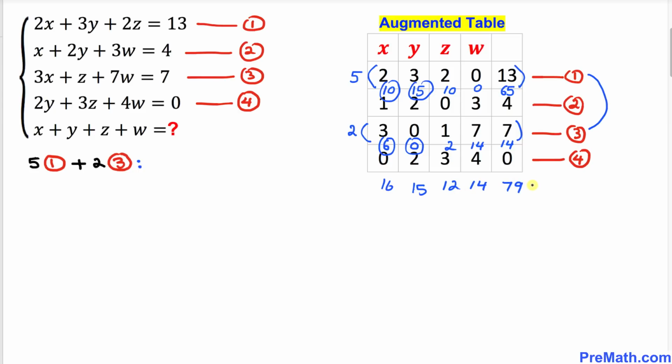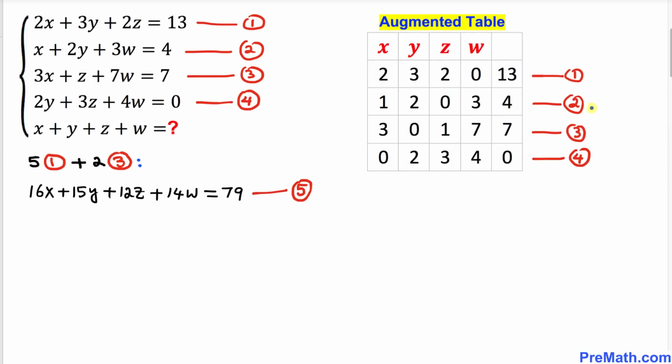So we can write these coefficients as 16x plus 15y plus 12z plus 14w equals 79. Let me go ahead and call this equation number 5.